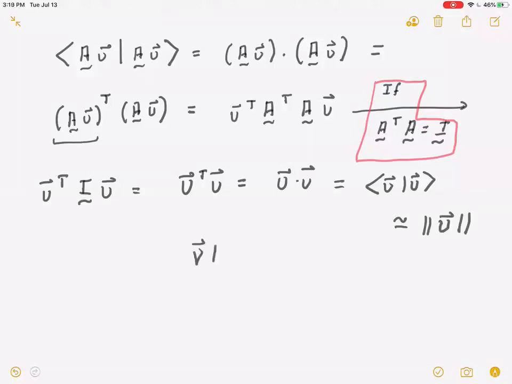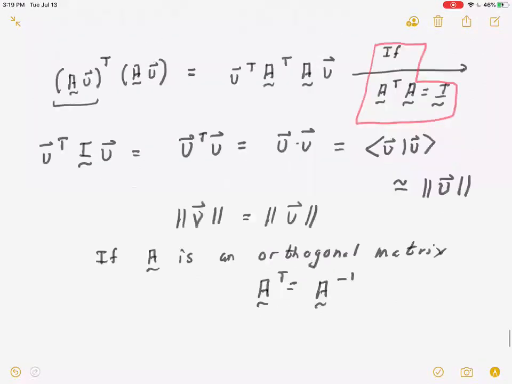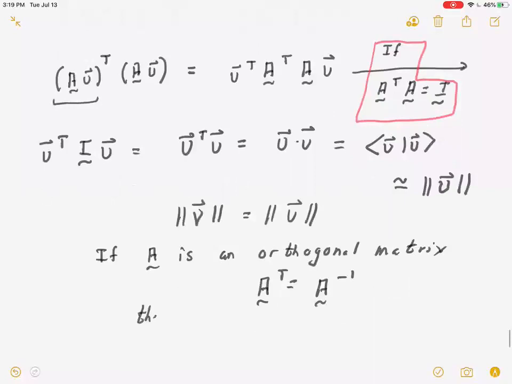So what I have shown is that if A is an orthogonal matrix, that is to say, its transpose is the same as its inverse, then the norm of v is the same as the norm of u.